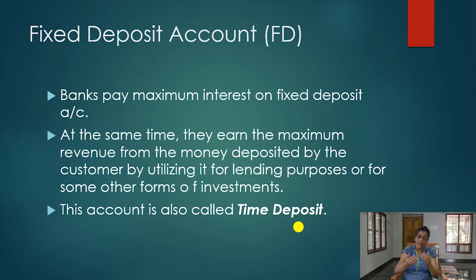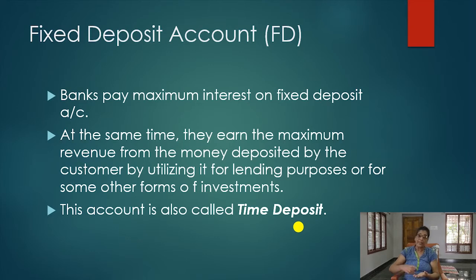So the amount collected from the customer will be reinvested elsewhere by the bank, because they know correctly that for a definite period of time the customer won't come to collect the money. So during those periods, our amount can be reutilized for depositing or for investing elsewhere by the banker, so that they can also earn the revenue.